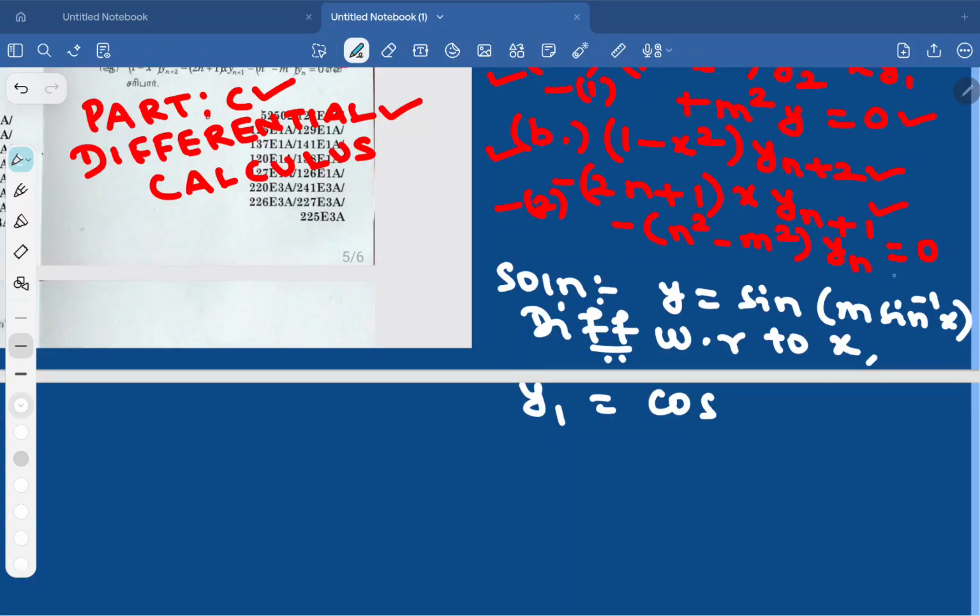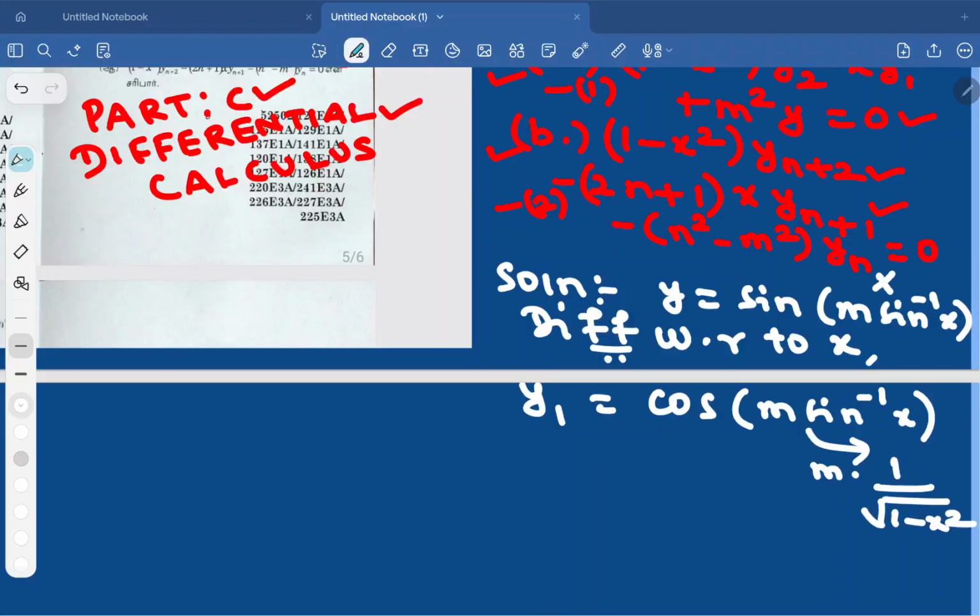If we take this one as x, the differentiation of sine x is cos x.